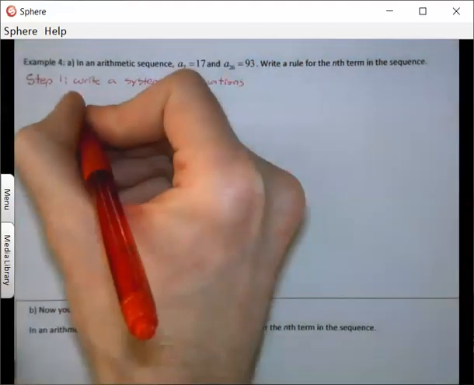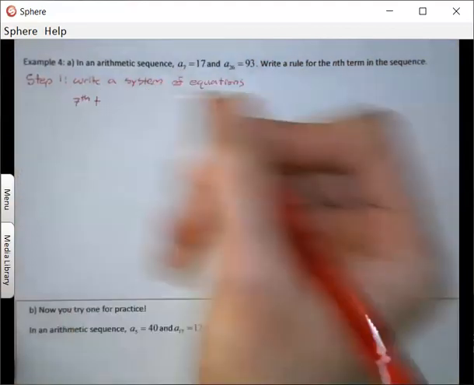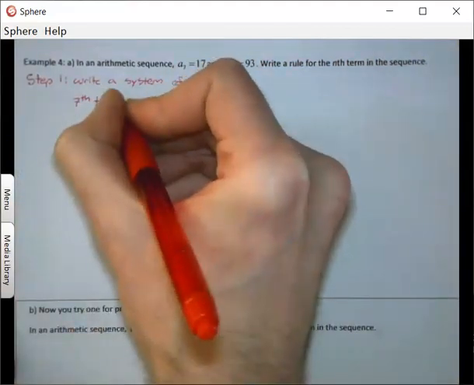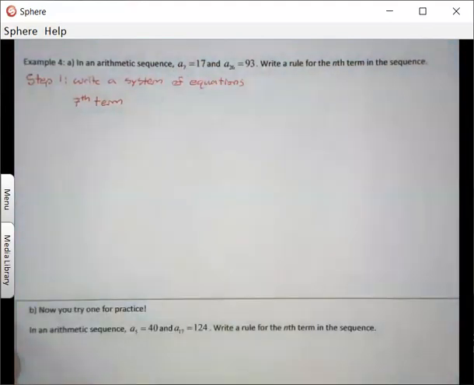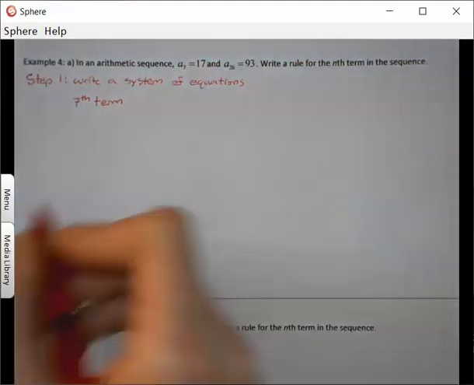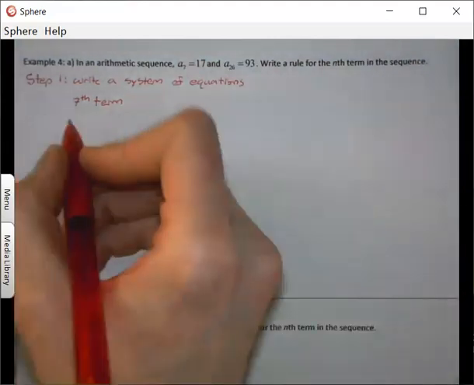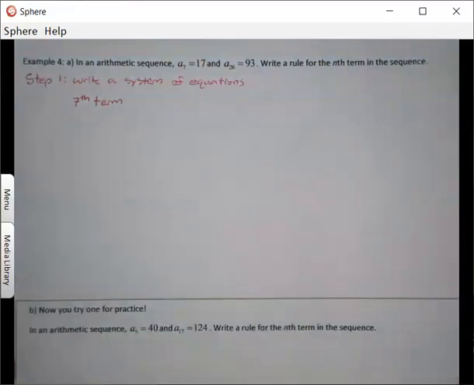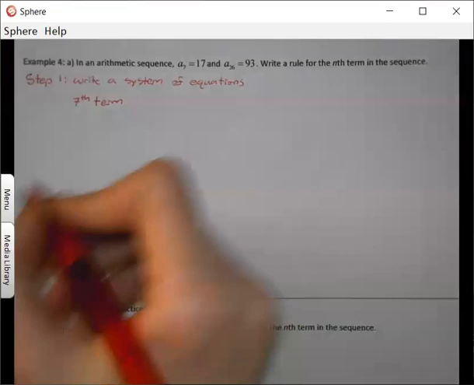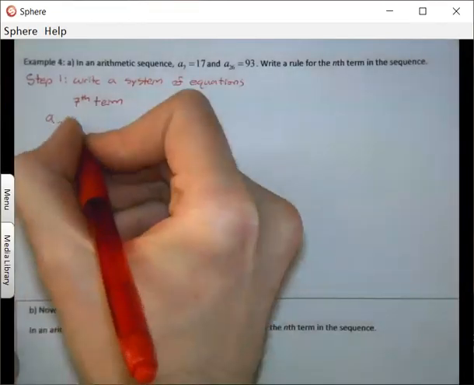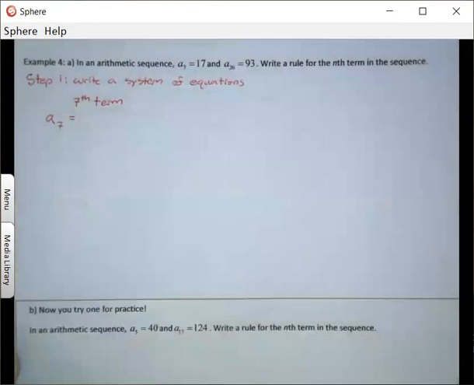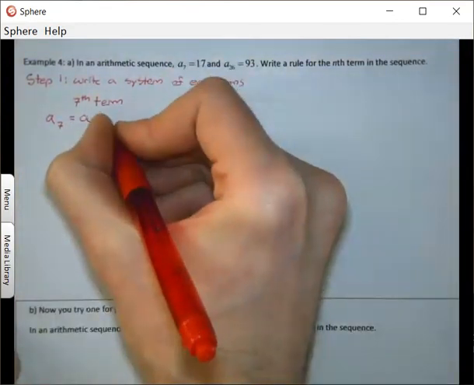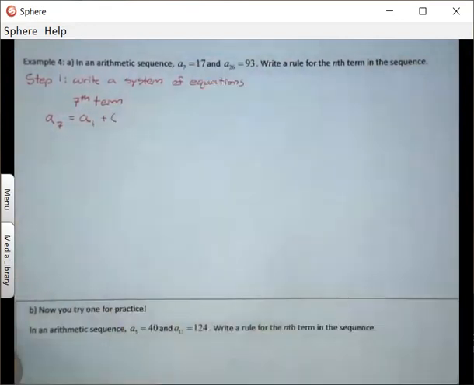So for our 7th term, a sub 7 is going to be first term, which we don't know, plus n minus 1.